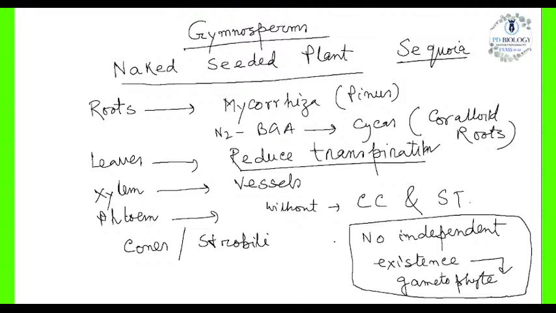It remains retained on sporophyte. So pollen grains are pollinated by wind. They are anemophilous in nature. Pollen tube carrying male gametes grows towards the archegonia in ovule and discharges its contents.